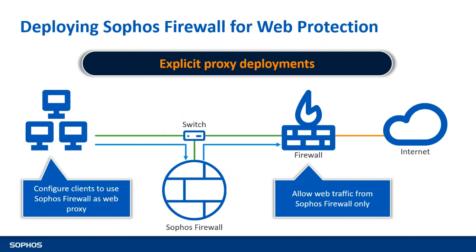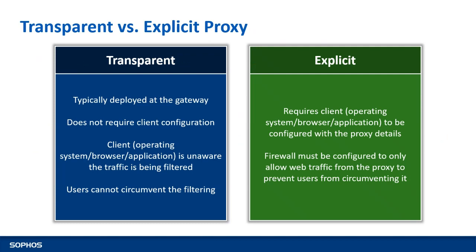In this configuration, the firewall does not have any control over traffic that is sent directly to the default gateway, and so it is important that each device is configured to only allow web traffic from allowed devices, including the Sophos firewall. This is something important to know.